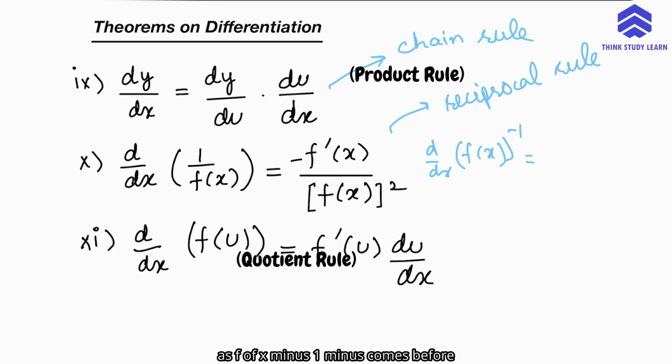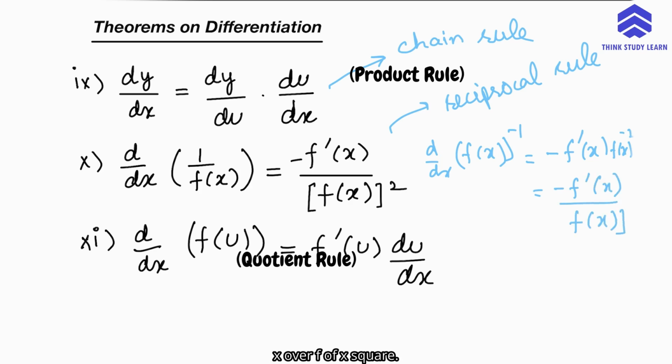Minus comes before, as we just studied in the previous slide, that is minus f of x, and 1 is subtracted from the power, that would be f of x to the power minus 2. We can also write it as minus f derivative x over f of x squared. Hence we got a formula as this.